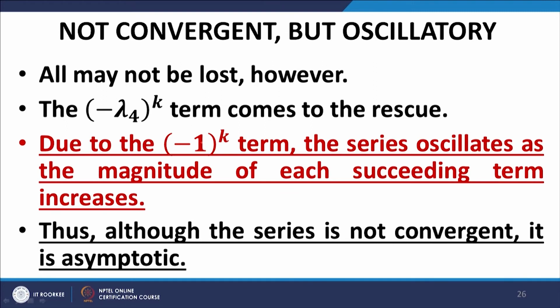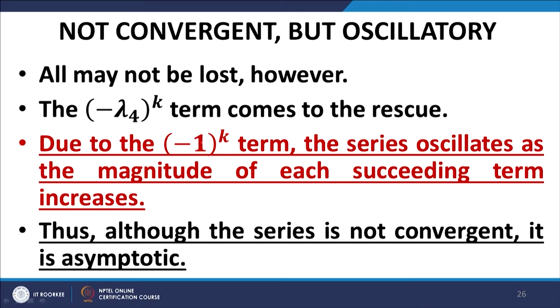So the series is oscillatory, and this enables us to do something about the divergence, which would not have been possible had the series not been oscillatory. The oscillatory character enables us to develop a framework by which we can ascribe a mathematical value to this particular series.